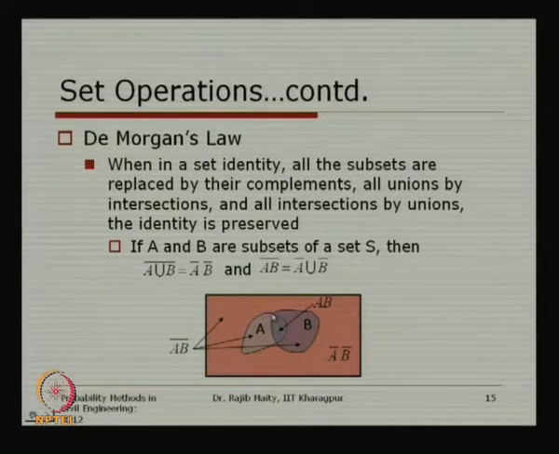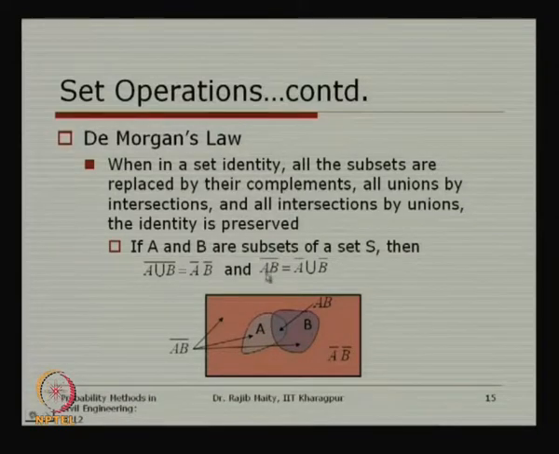This A union B is nothing but this area, and its complement means this area, which is nothing but A complement intersection B complement. So this relationship we can show pictorially.